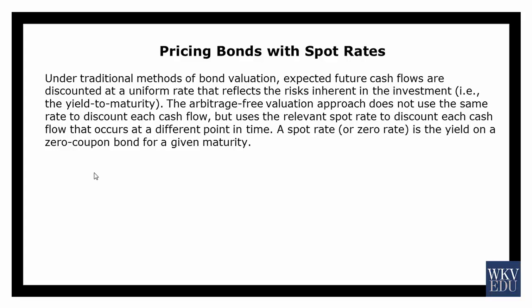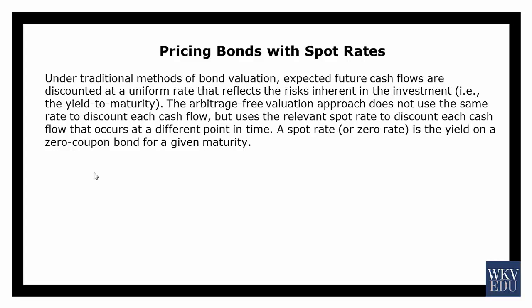A spot rate or a zero rate is the yield on a ZCB for a given maturity. For example, the yield on a 5-year ZCB equals the 5-year spot rate, and it is the rate that is used under the arbitrage-free valuation approach to discount the cash flows at year 5. For our purposes, there is no need to get into how spot rates are determined.